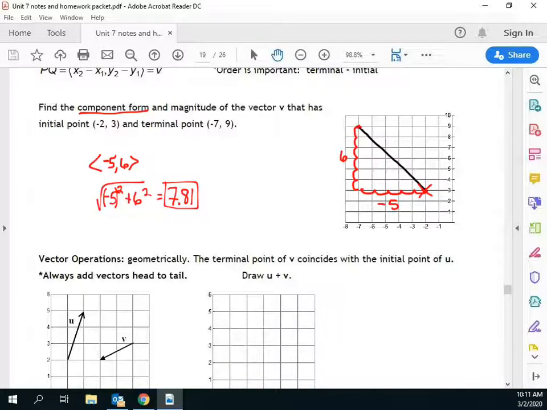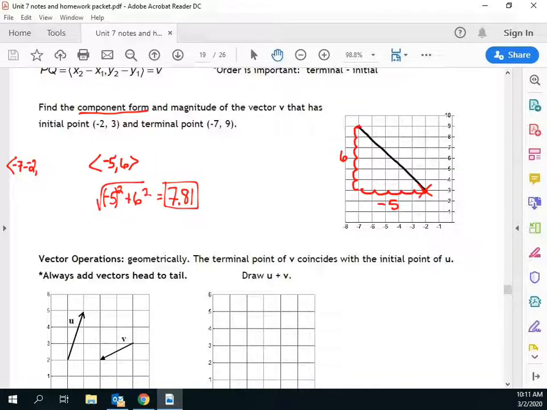But if we don't have the graph, you can draw one, but it takes some time. We just go ahead and find the distance. What's the distance, guys, from -2 to -7? How did you come up with that? -7 minus -2.